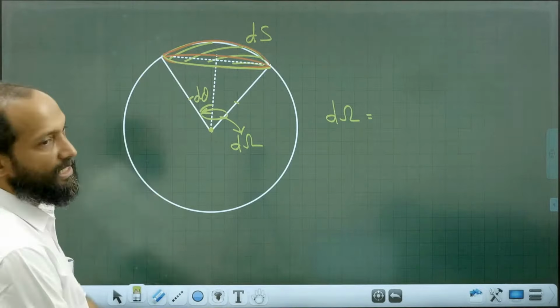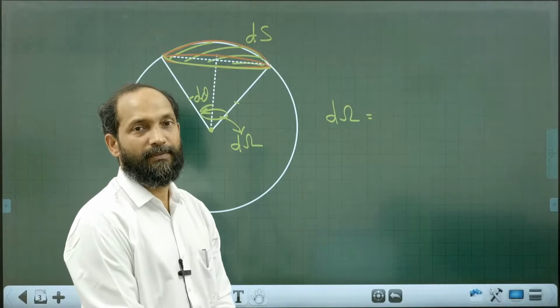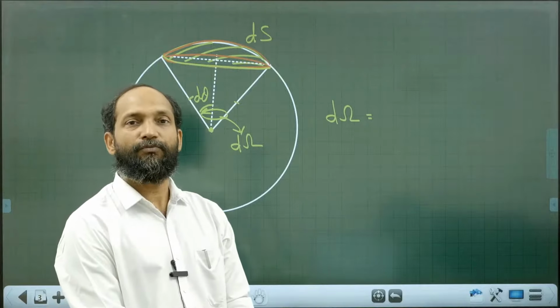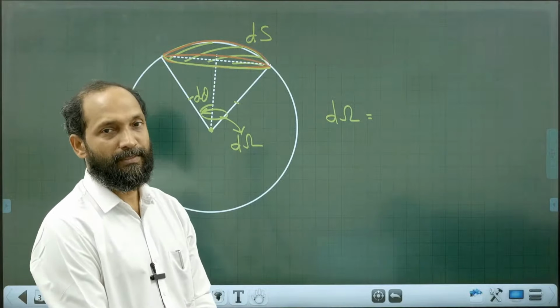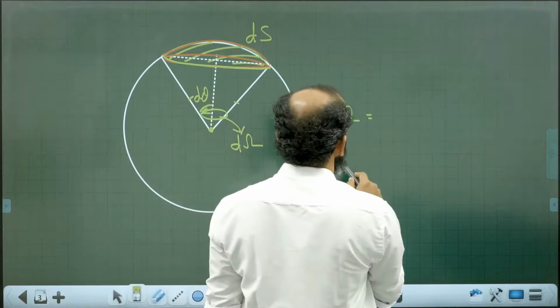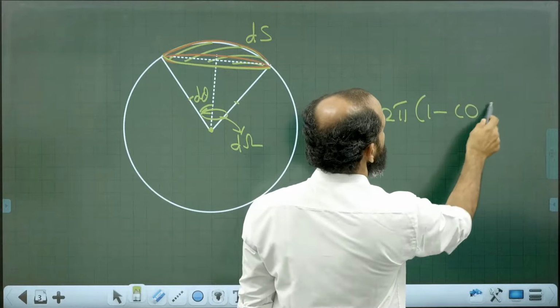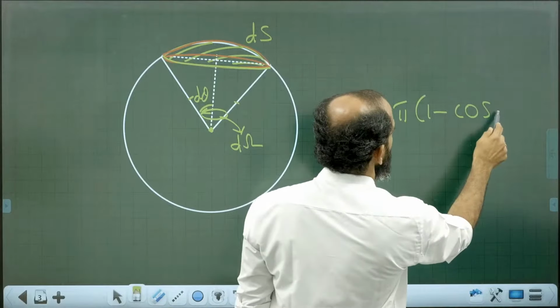You have probably learned in mathematics the surface area of a spherical cap. Like that, d omega is equal to 2 pi into 1 minus cos of d theta.